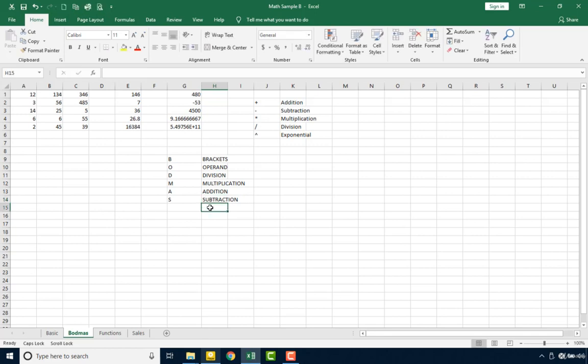Okay, now we know what BODMAS means. It means brackets, operand, division, multiplication, addition, subtraction. Operand stands for the power of.